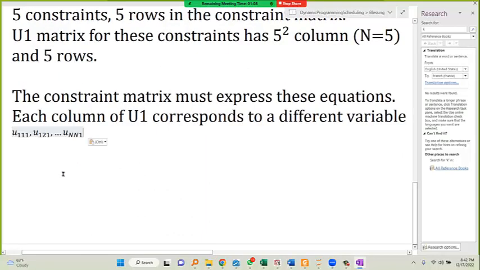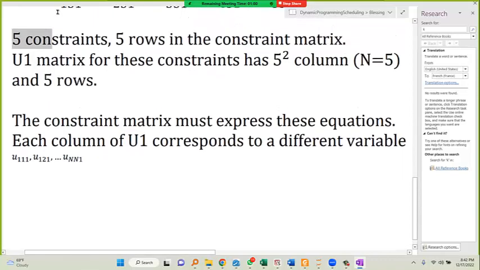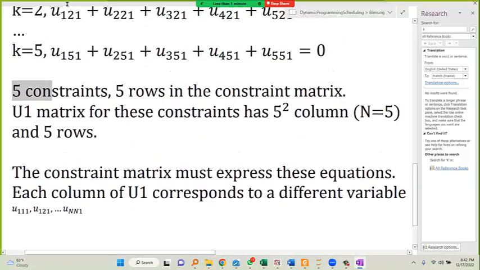If I write them all out, because I put dot dot dot, they will look like this.